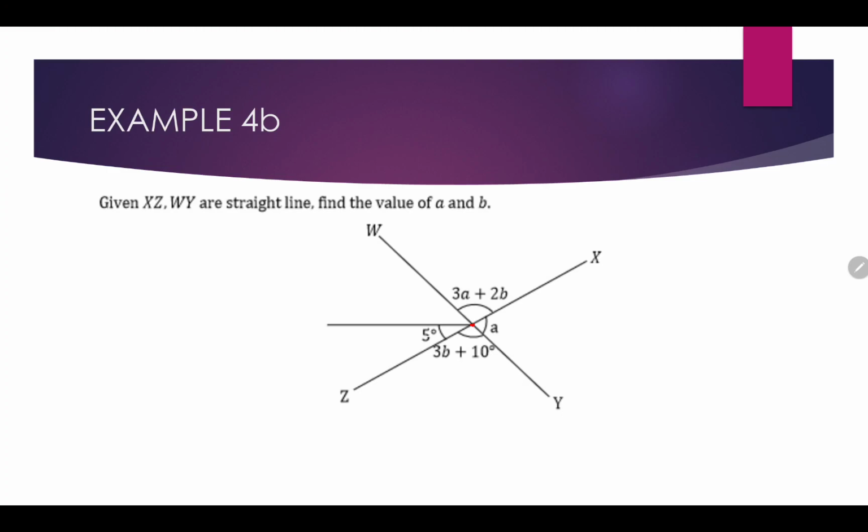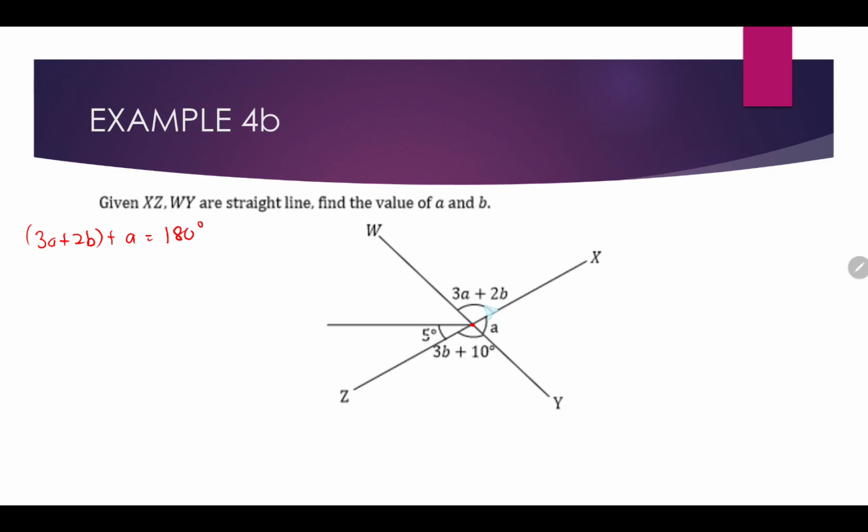So how to solve this? Okay, the first one, we know that WY is a straight line, meaning that 3a plus 2b, and then plus the angle here and angle here, dia akan jadi 180. So 3a plus 2b plus a equals 180.